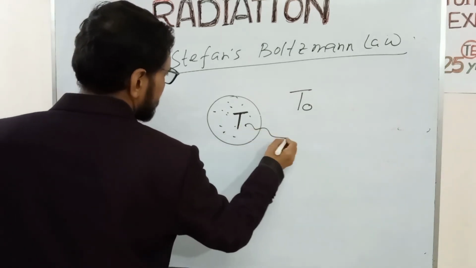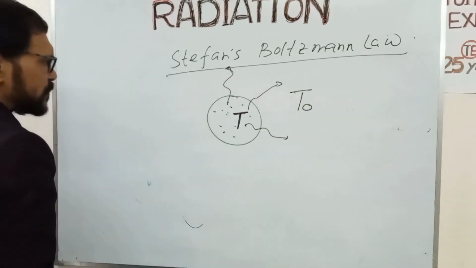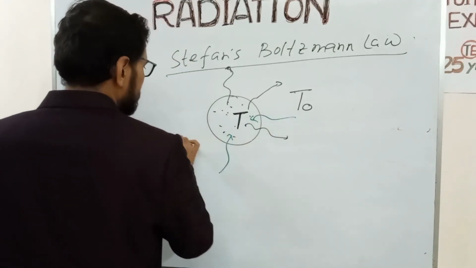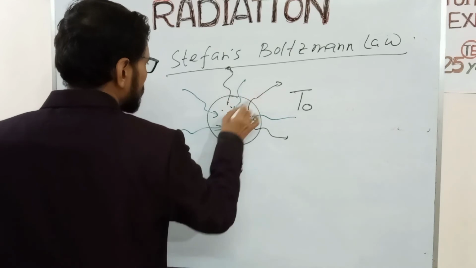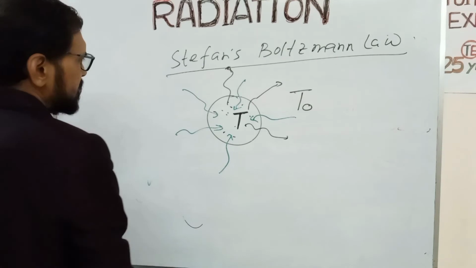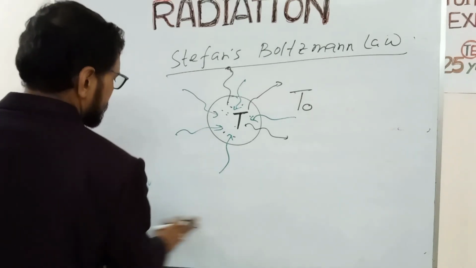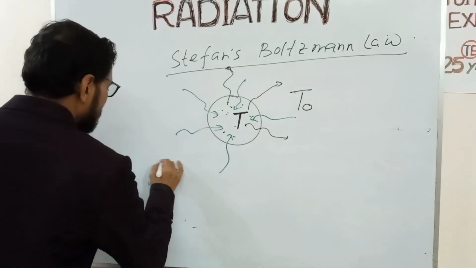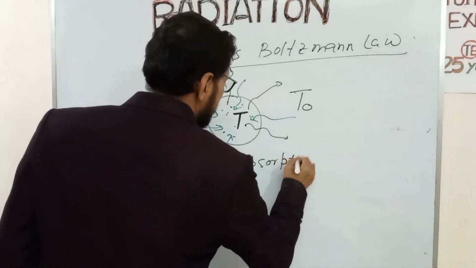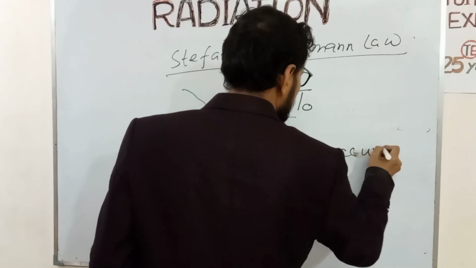Some heat is radiated from this hot body, and it also absorbs some heat from the surroundings. That is, emission and absorption take place side by side. Emission and absorption occur simultaneously.